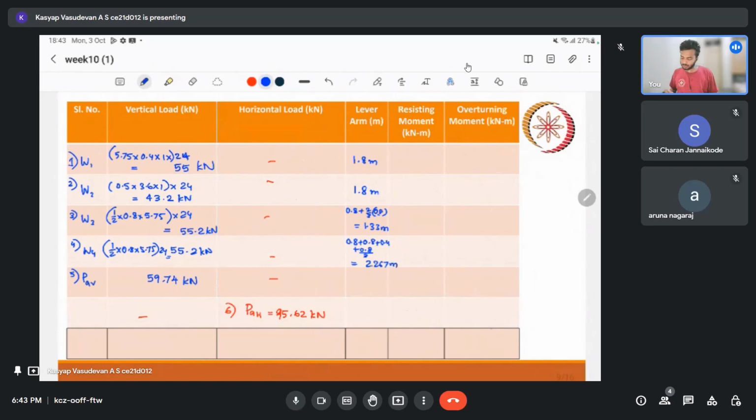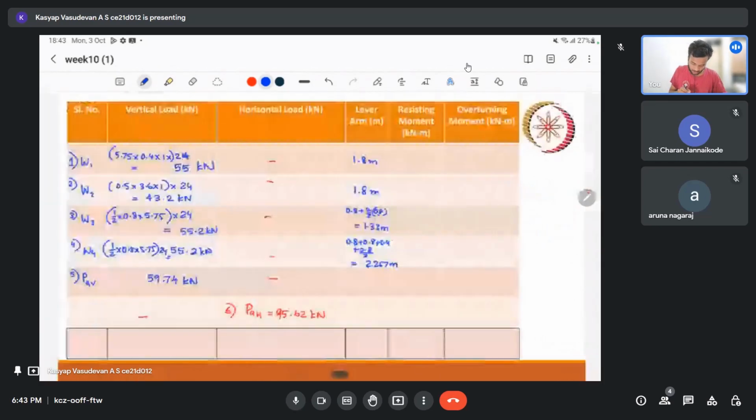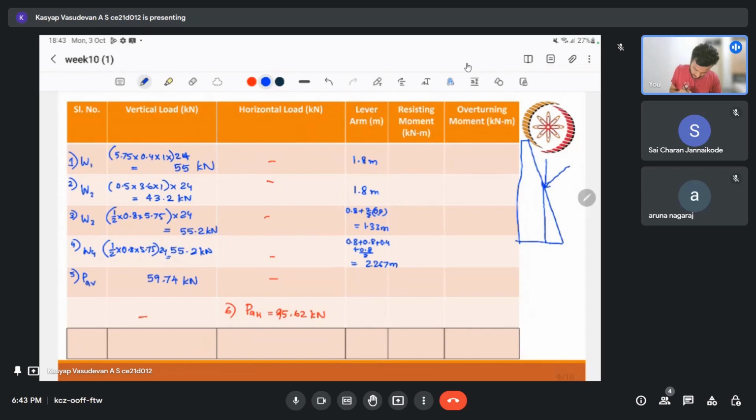PAV is quite tricky because it's acting on the sloping side, so we need to find this value. If this is that portion of the inclined wall, and our PV is acting here, I need to find this distance to get the horizontal.